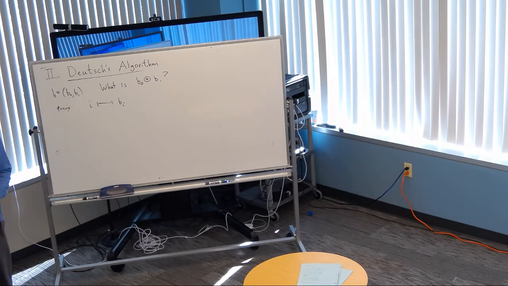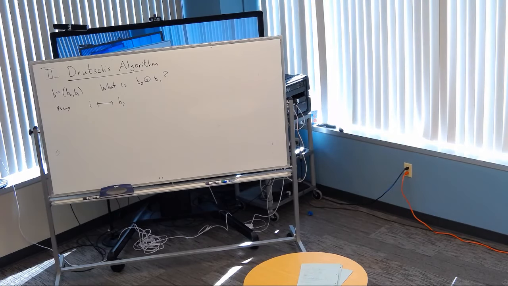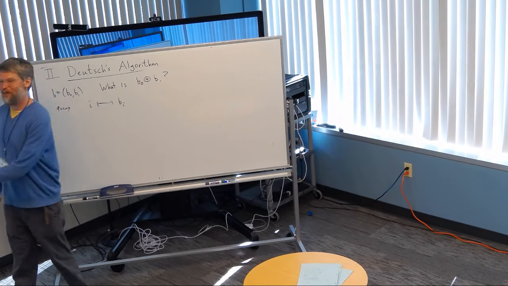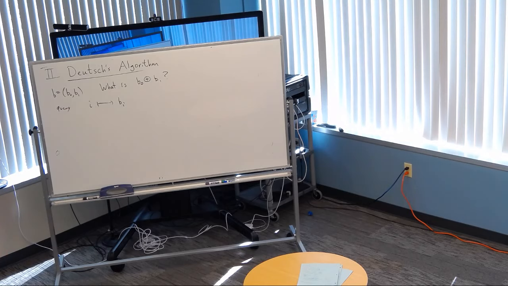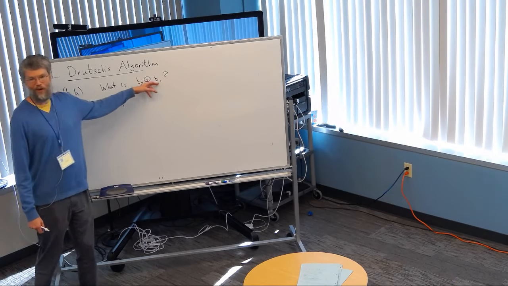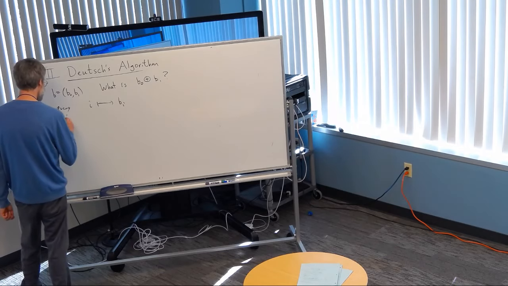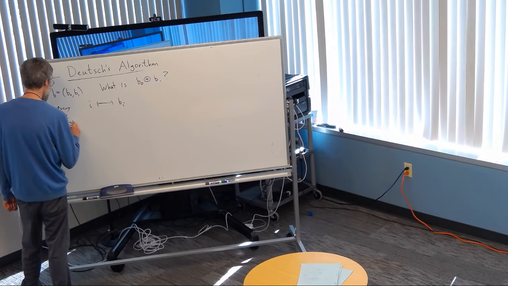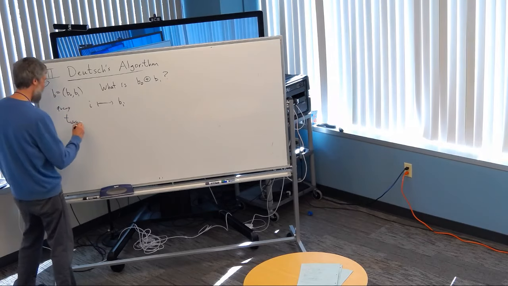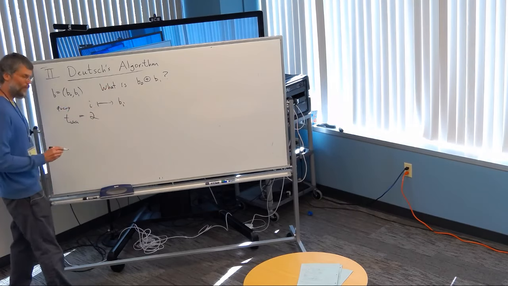Every time I say this out loud, I think, why am I saying this out loud? But the question is, how many queries do you have to make in order to determine the mod 2 sum of the bits? Well, if you have a single query, then obviously you get no information about what the mod 2 sum is. So what we say is that the classical query complexity of this problem is 2.